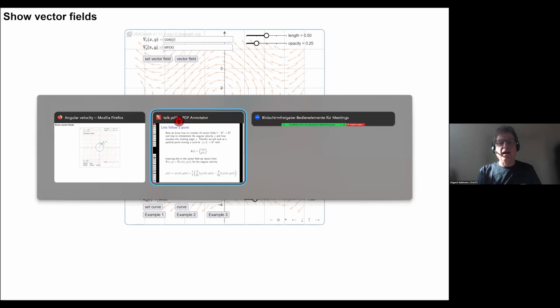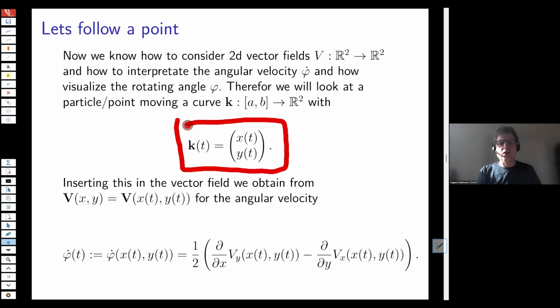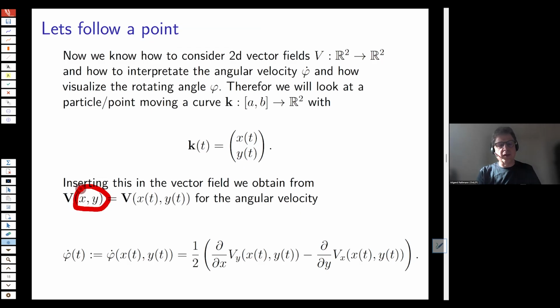But then you see, this seems quite easy. Let's go back. I will choose a curve. Okay, this is given. And then I say I have a vector field depending on x and y. Now I have a curve. I will substitute the coordinates by the description of the curve, and then I define the angular velocity by time. The curve parameter t depends on the coordinates x and y.